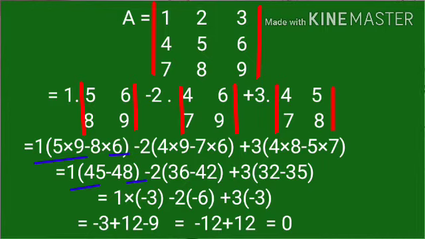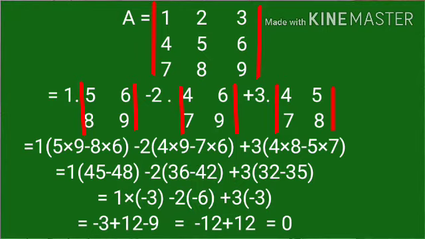Now the next step: 1 as it is. Expand this 2 by 2 determinant, so 5 into 9 minus 8 into 6. Now minus 2 as it is, expand this 2 by 2 determinant, so 4 into 9 minus 7 into 6, plus 3 into 4 into 8 minus 7 into 5. Now 5 into 9 is 45, and 8 into 6 is 48. 4 into 9 is 36, 7 into 6 is 42. 4 into 8 is 32, 7 into 5 is 35. The difference between 45 and 48 is minus 3, so 1 into minus 3. Minus 2 into 36 minus 42, which is minus 6.